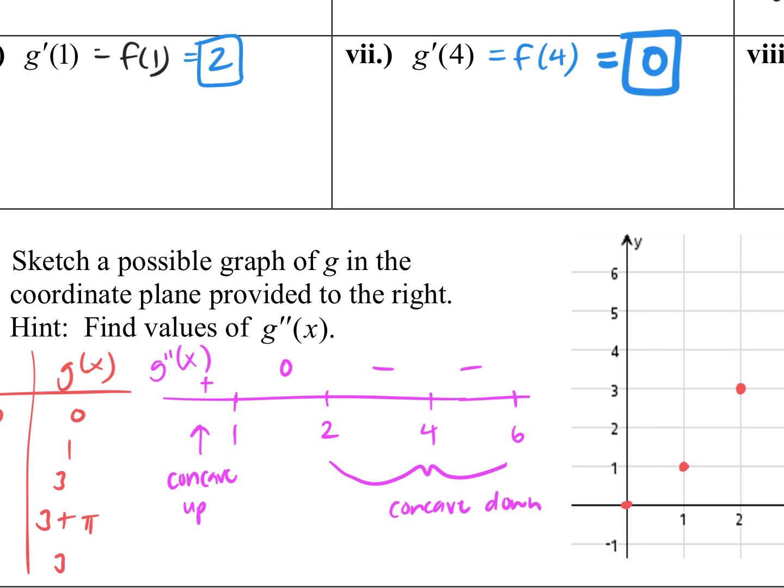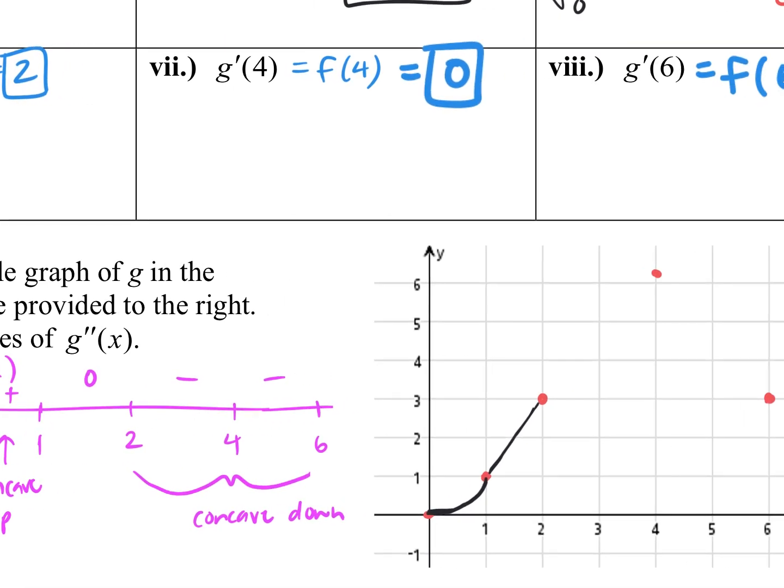And now I can just connect all these dots on my graph with that concavity information. So between 0 and 1, I'm going to have a slight upwards parabola there for concavity up. Between 1 and 2, I'm just going to have a straight line between those two things. And then from 2 to 6, it's going to be concave down the entire time.